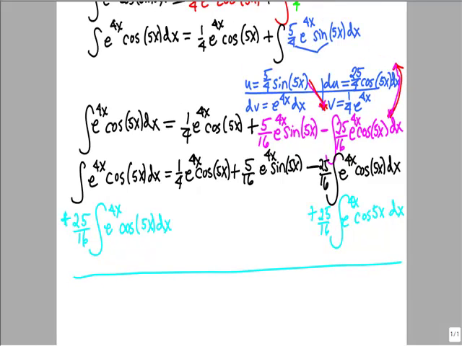Okay, so now these have moved over here, and you guys, we've got one of these, which is 16/16 and 25/16.